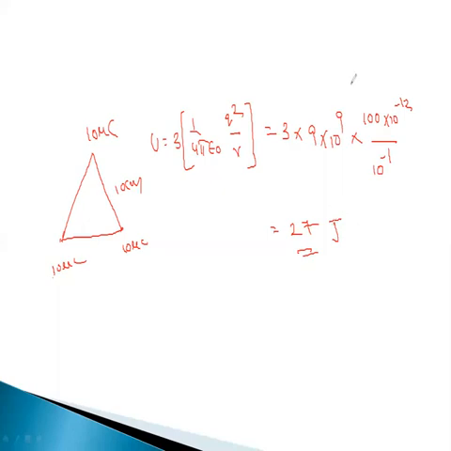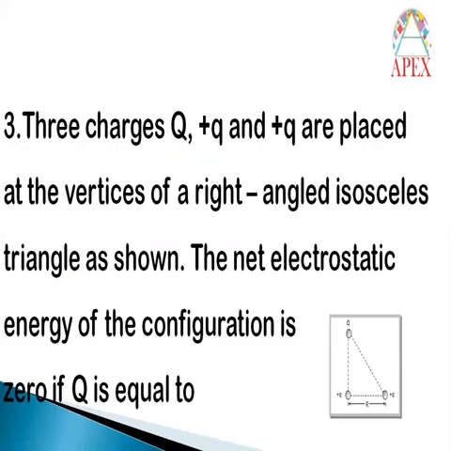Okay. Now, question number 3. 3 charges Q, plus q, plus q are placed at the vertices of a right-angled isosceles triangle as shown. The net electrostatic energy of the configuration is 0 if Q is equal to.